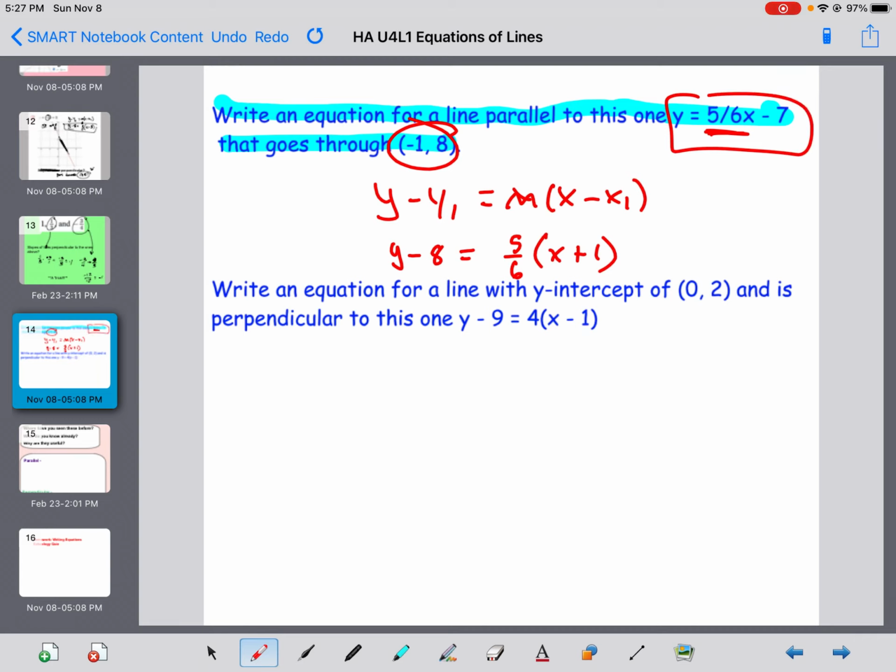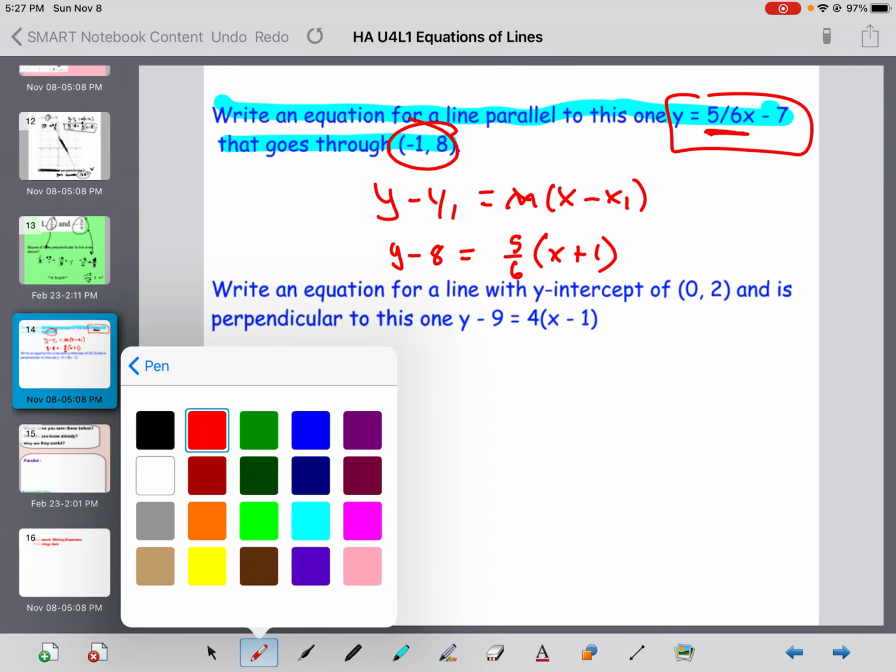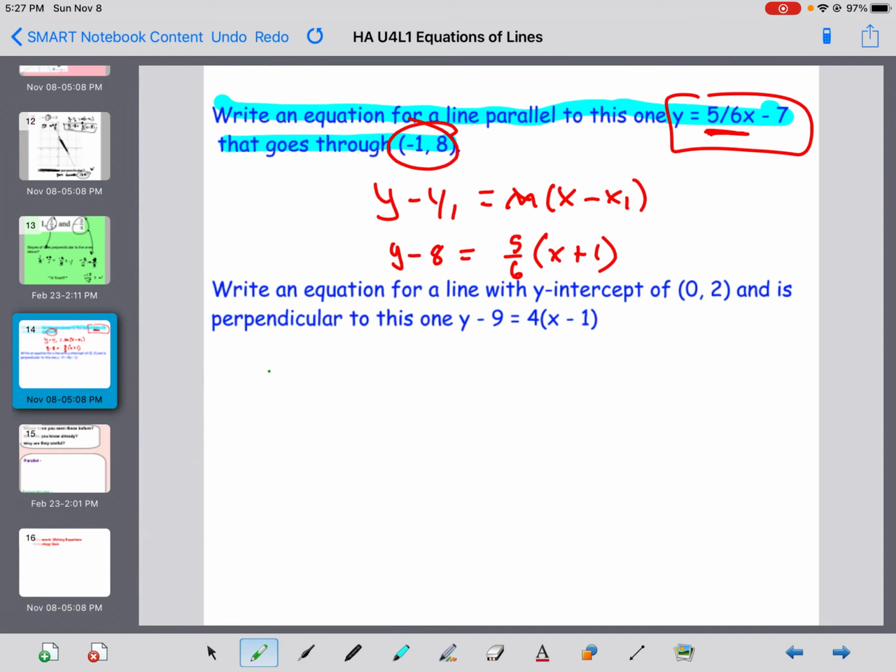Last example here, if I want a perpendicular, and now I have a y-intercept, I have to look at this guy and say, okay, here's my slope. So if my slope starts as 4/1, I'm going to change it to -1/4.